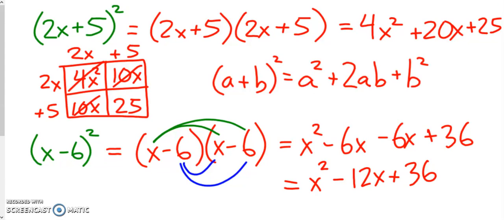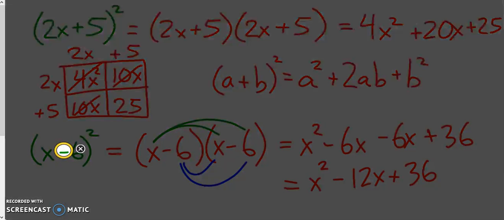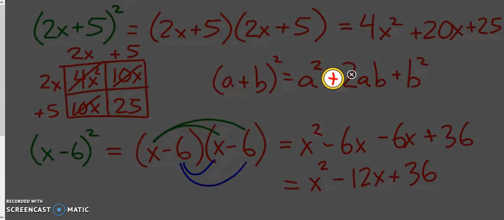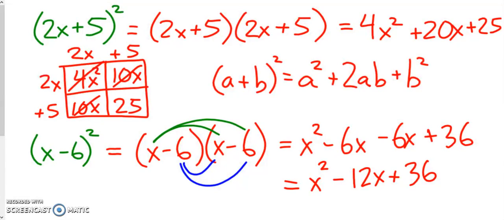And the only difference here is, if you notice, we started out this problem with a minus right here. And so instead of having a plus here and a plus here, you end up with minuses in both of those spots.